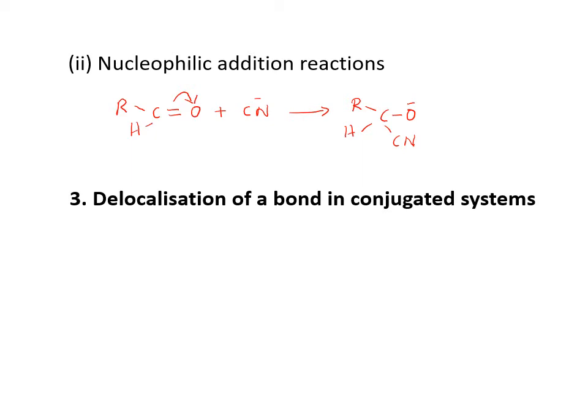Then curved arrow notation is also used to represent the migration of electrons in conjugated systems.